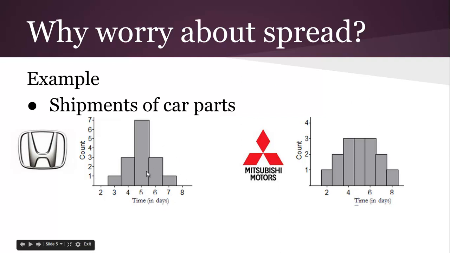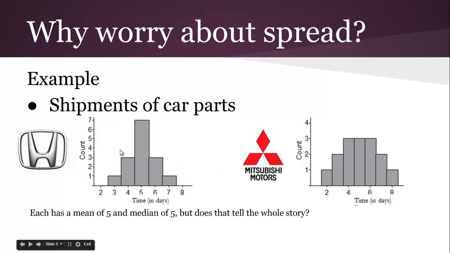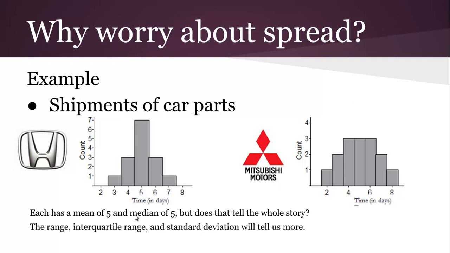The average and the median are both 5 in either case, but that doesn't tell you the whole story. Honda frequently gets 5, and very rarely they'll get 7 or 3. Mitsubishi will get 5, but they're just as likely to get 4 or 6, and they could actually go from 2 to 8. So range, interquartile range, and standard deviation just tell you more.